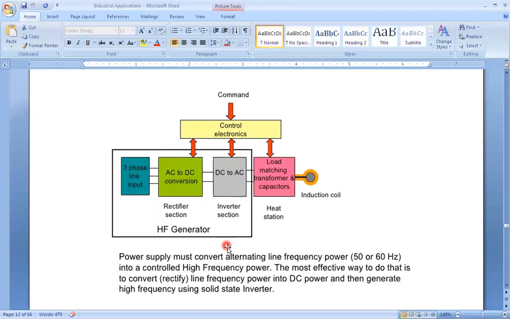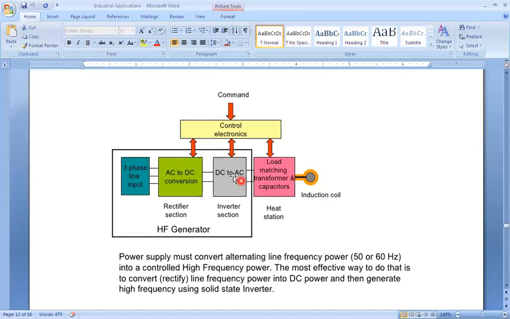Simple, as you know, same structure, right? Only here we are using the same inverter circuit as well as the rectifier. So the three-phase input supply is connected to the rectifier unit. So we are rectifying the three-phase AC voltage into a single DC voltage. This DC voltage is connected to the inverter section.